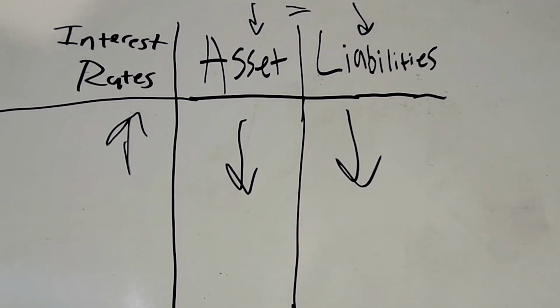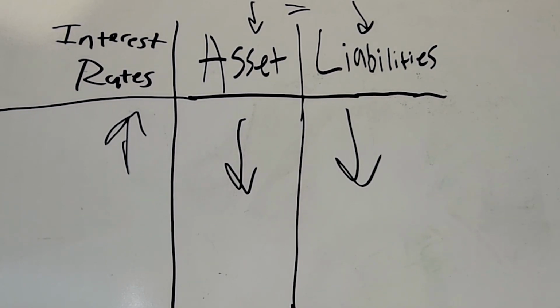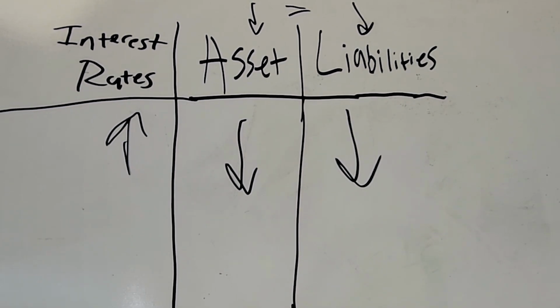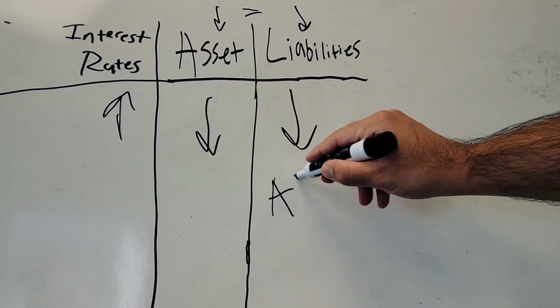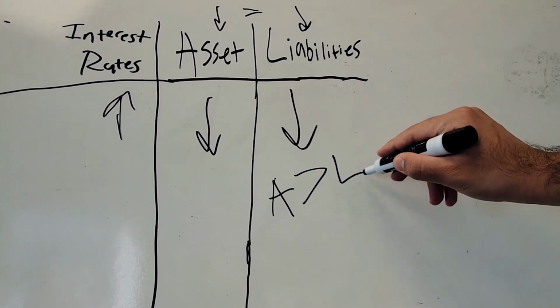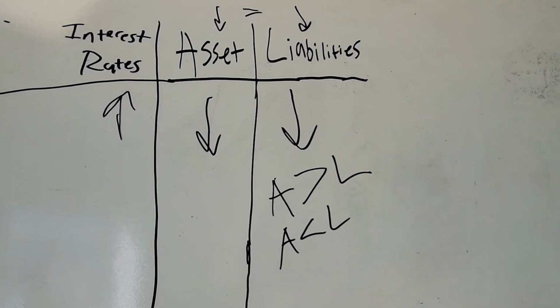So it's possible that liabilities may go more than the assets, or the assets may go more than the liability. And generally, you want your assets to be higher than the liabilities and not vice versa. So always you're looking to seek assets are greater than the liabilities and not assets are less than your liability.